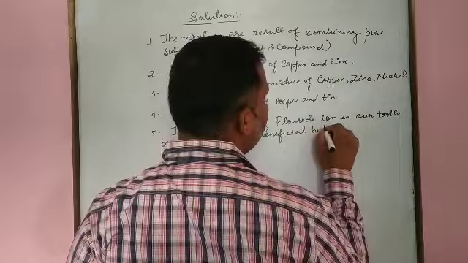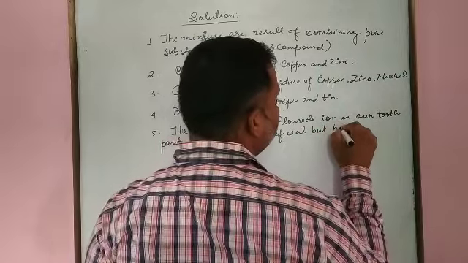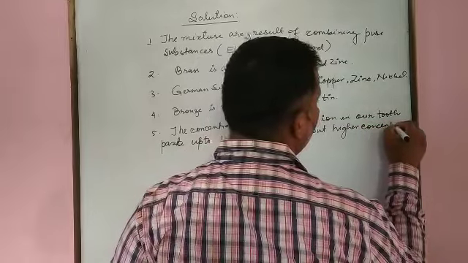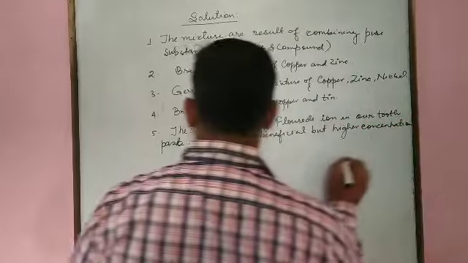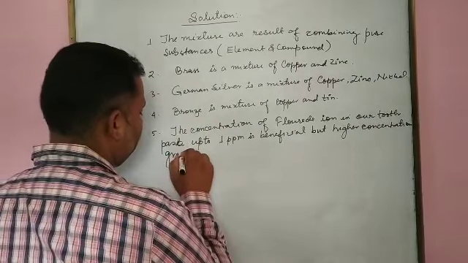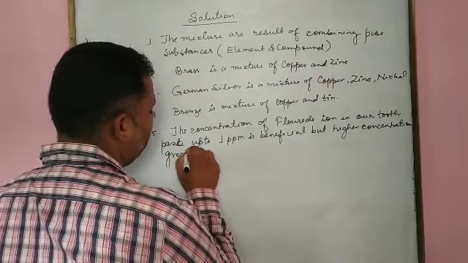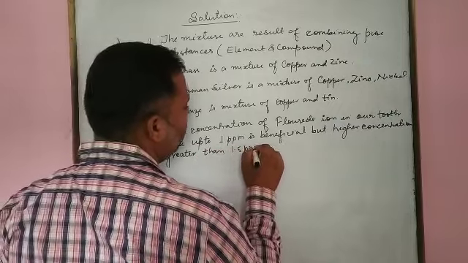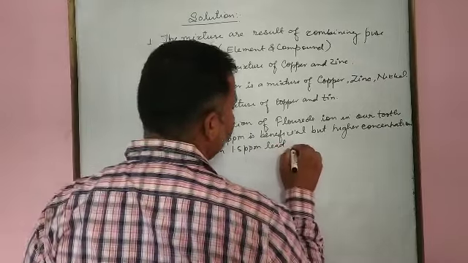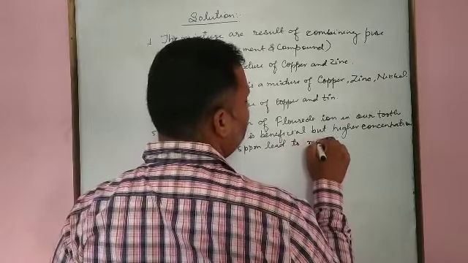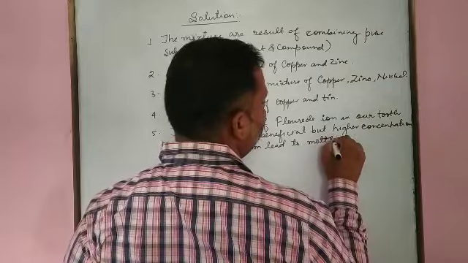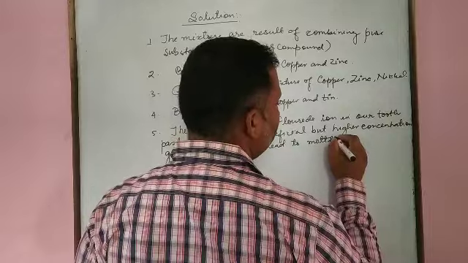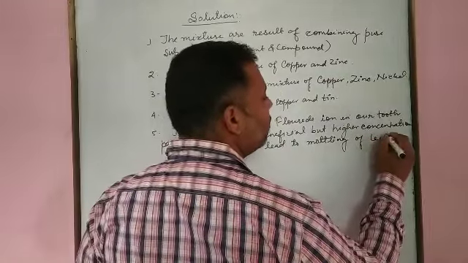But a higher concentration, greater than 1.5 ppm, leads to mottling of teeth.